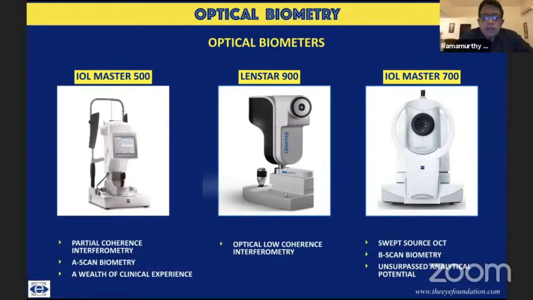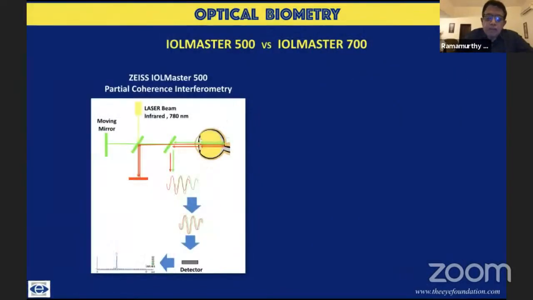My experience has been largely with the IOL Master 500 initially, which was based upon A-scan biometry, and it was the first optical biometer that became available. Today, we have almost completely shifted over to the IOL Master 700, which is based upon the Swept-Source OCT, and it's essentially a series of B-scan biometers.